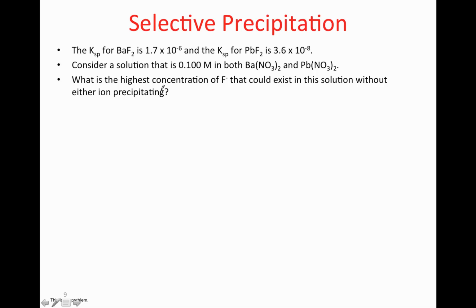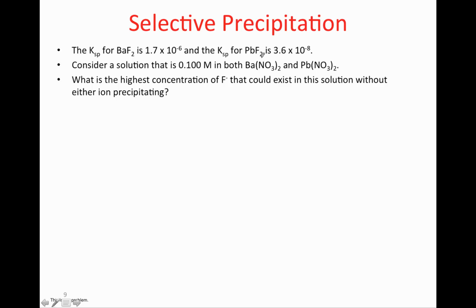The question is, what's the highest concentration of F-, of fluoride, that could exist in this solution without either ion precipitating? Well, to solve problems like this, we have to go back to the issue of which is the most soluble species. It's this one, because it has the larger KSP value. This is the less soluble species. And all we have to do is concern ourselves with the least soluble species.